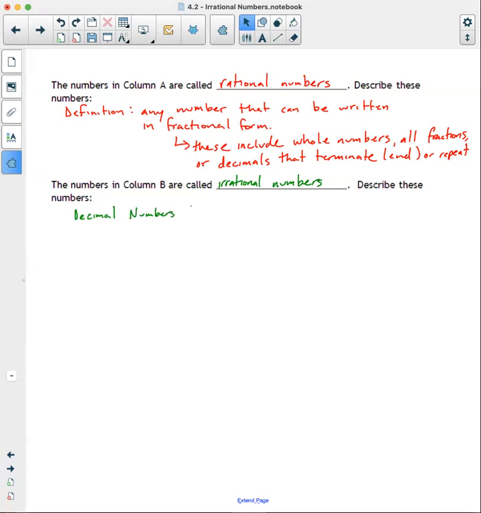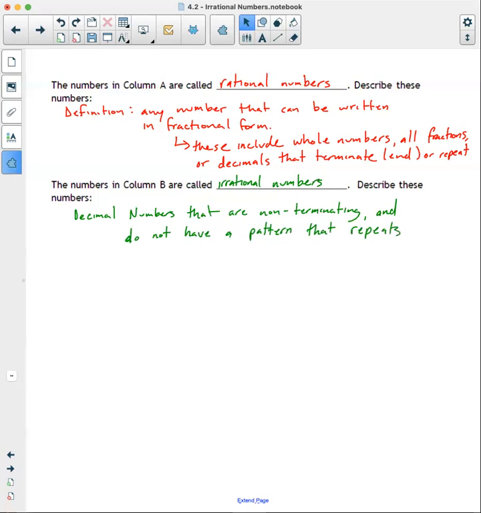Decimal numbers that are non-terminating and do not have a pattern that repeats.